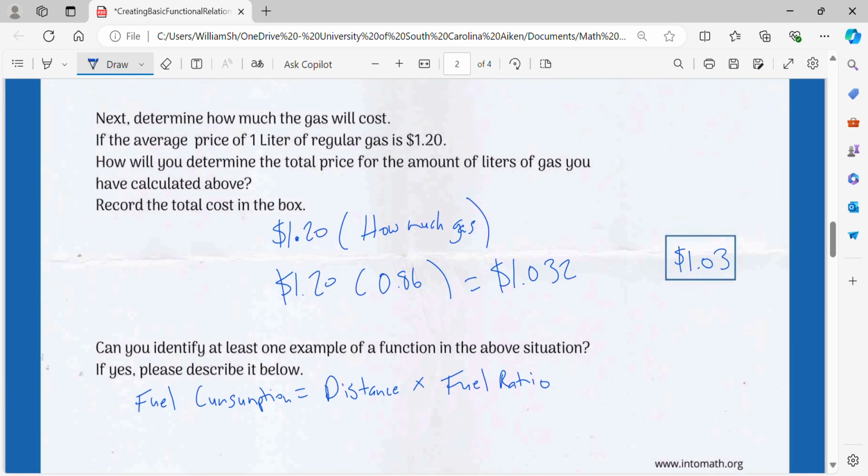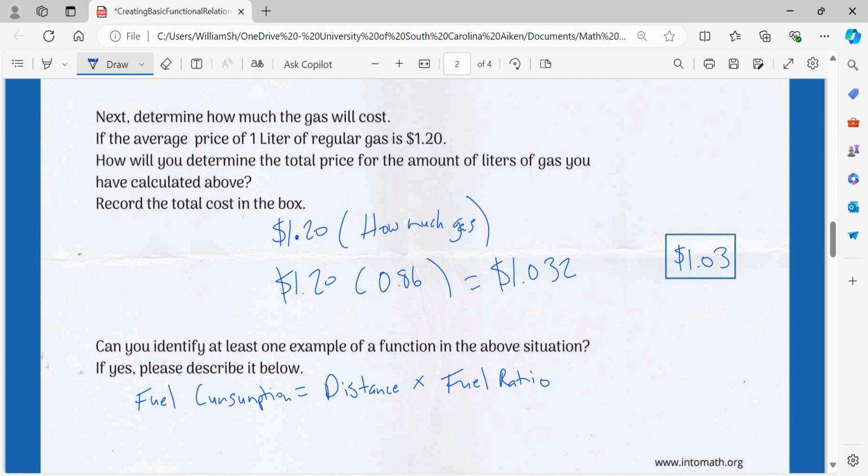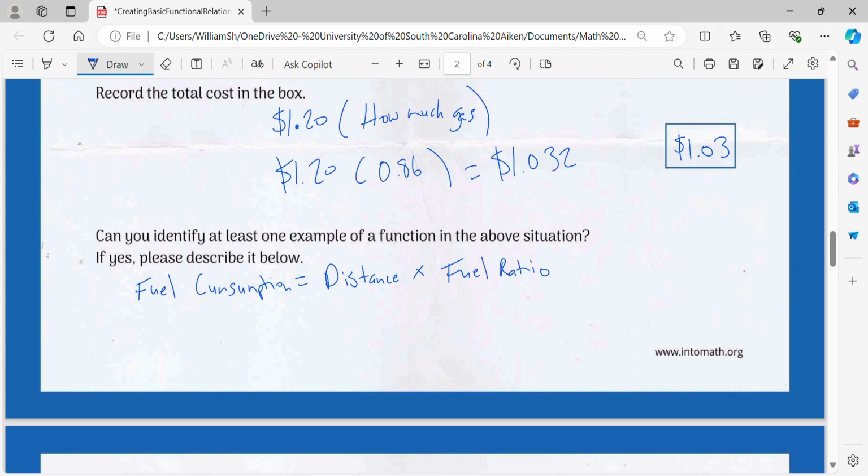Okay, and then the second function that we created here told us the total cost.